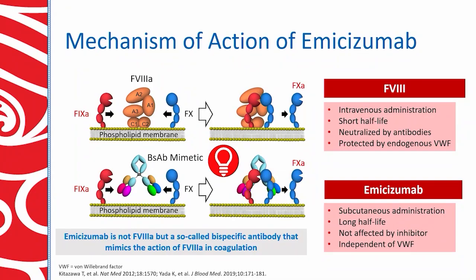So, looking at the mechanism of action of factor VIII and the bispecific antibody, we know that factor VIII is administered intravenously. The plasma-derived, but also recombinant product has a short half-life. It is neutralized by antibodies and protected by endogenous von Willebrand factor.